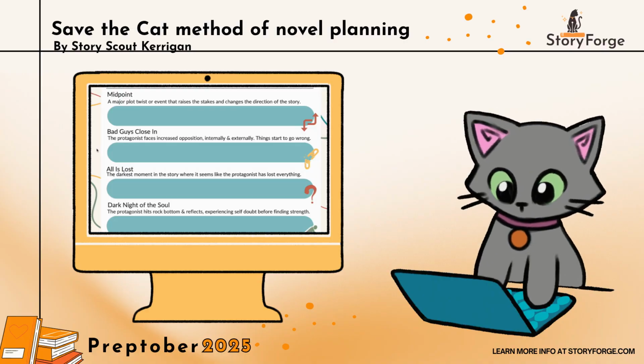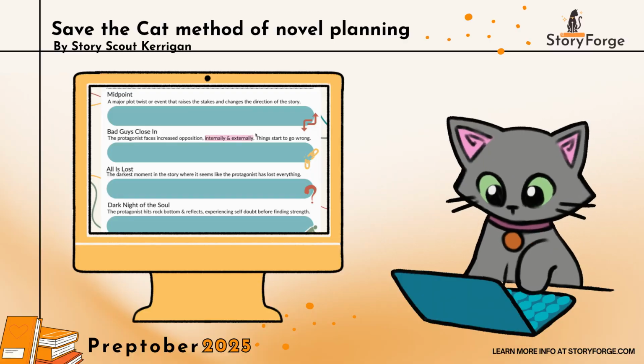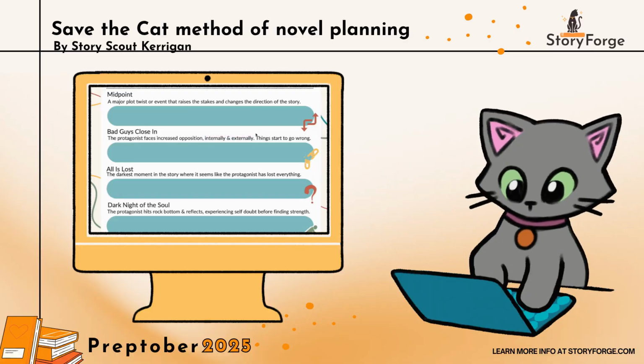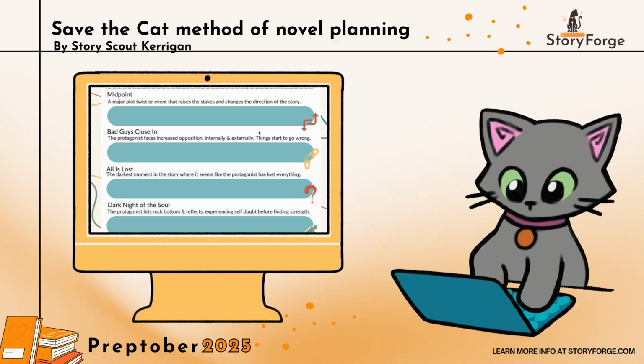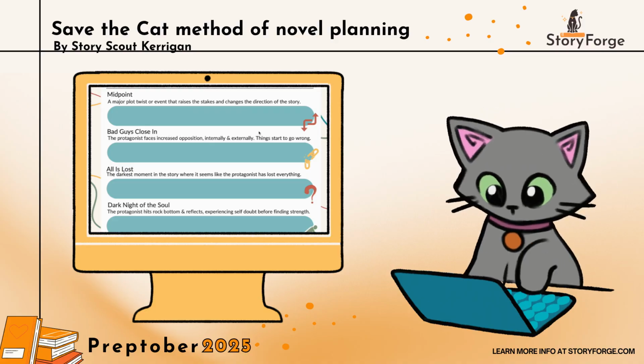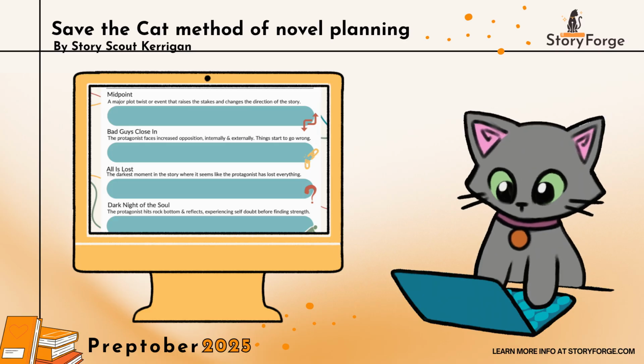So I think it's really important to consider both those, as it says here, internally and externally, what opposition, what obstacles are there. Things will go wrong here, and it's okay for them to go wrong here. Because you want to see how your characters are going to maneuver those obstacles. Yes, I really love seeing.